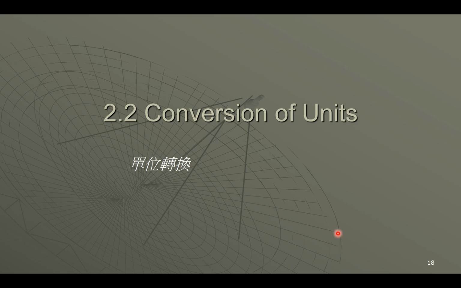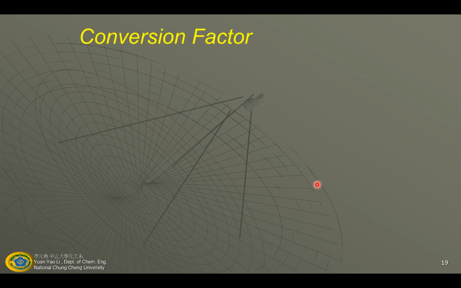Right, the second, 2.2, conversion of units. So what's the conversion factor? For example, if we have 36 milligrams and I want you to convert it to grams, you might say, well, how many grams is this 36 milligram? You can easily answer me, right? It's 0.036 grams.